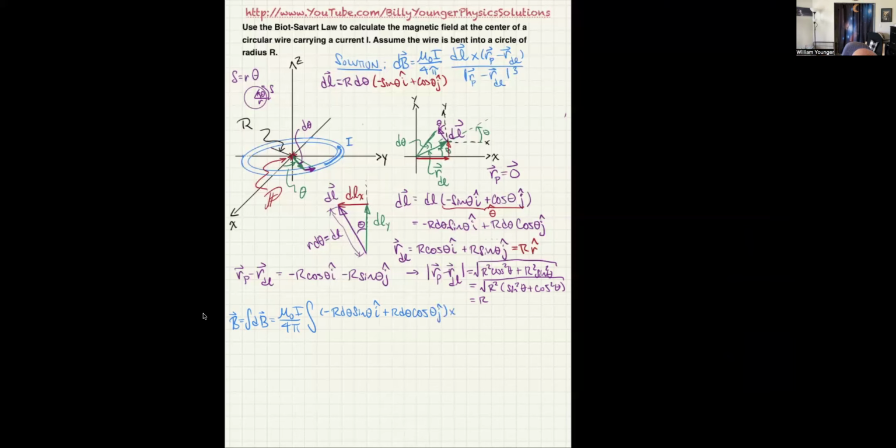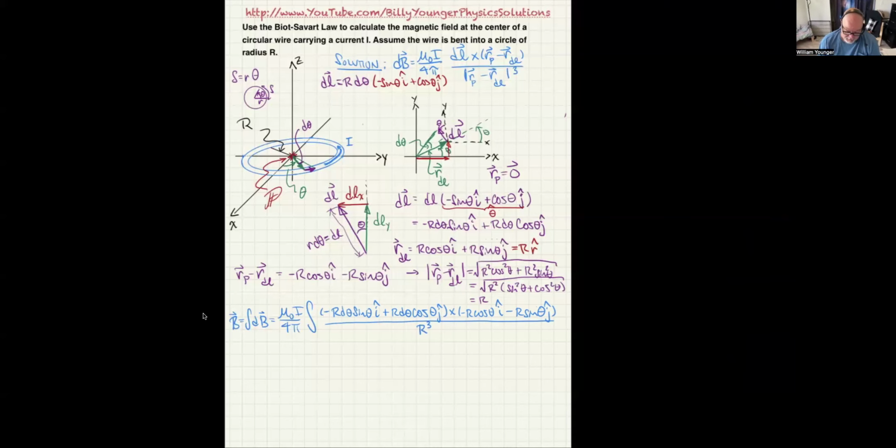That's going to be crossed with rp minus rdl, and rp minus rdl we already found was negative r cosine theta i hat minus r sine theta j hat, and now all of that has to be over the cube of the magnitude, so that's just r cubed here.